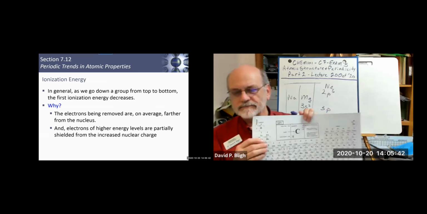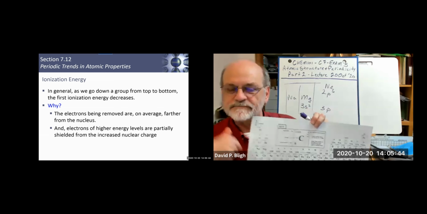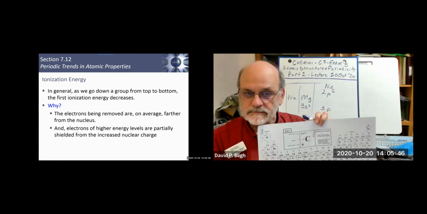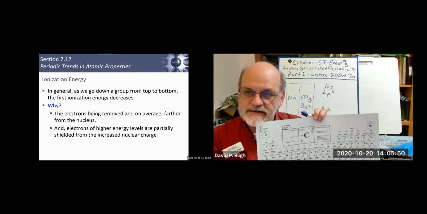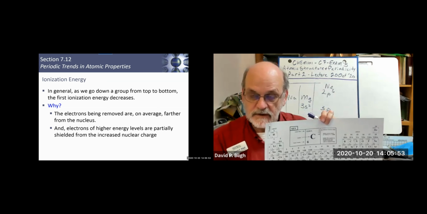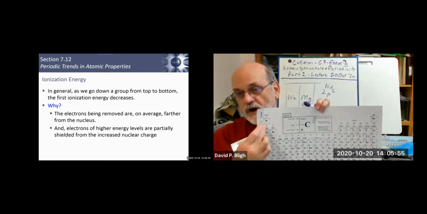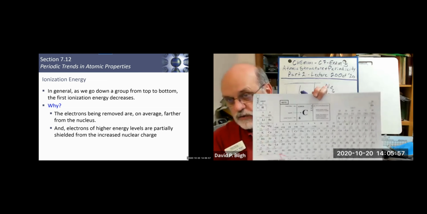There we go, top to bottom. Sorry, I was going the wrong direction. As you go from top to bottom, the first ionization energy decreases. In other words, it's easier to remove an electron as you go down in a group.